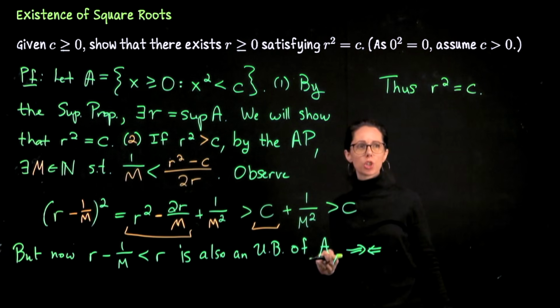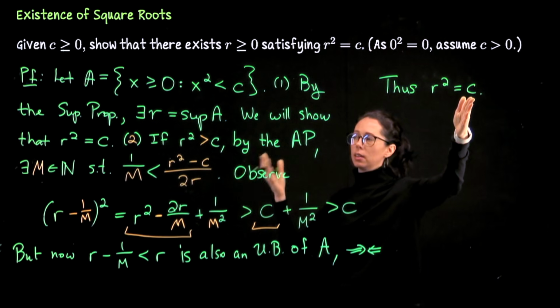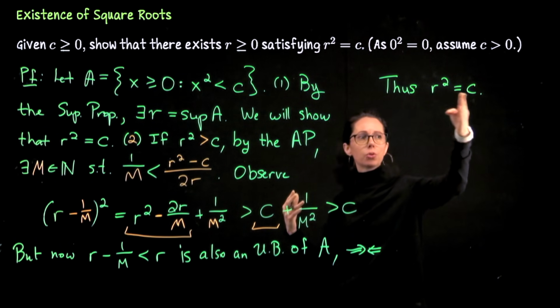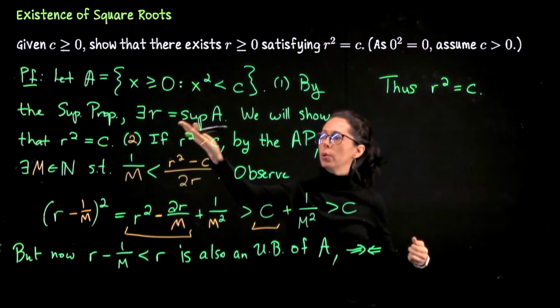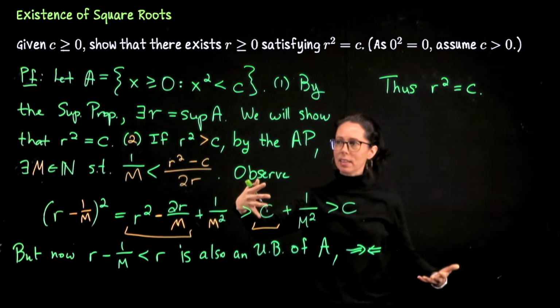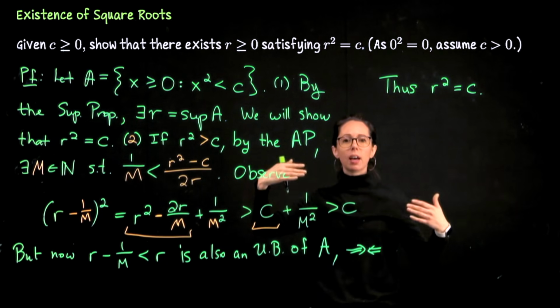That's what we wanted to show, that given this number c greater than 0, there is a number out there whose square is that number. The existence of r comes from the supremum property. So here's where I said that r actually existed as a real number. It's because we know that sups exist. So since the set A is bounded above, it must have a least upper bound.